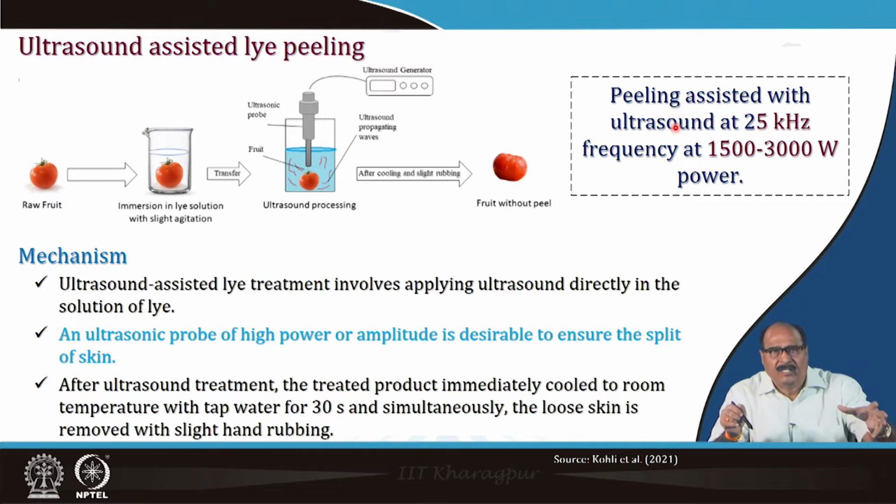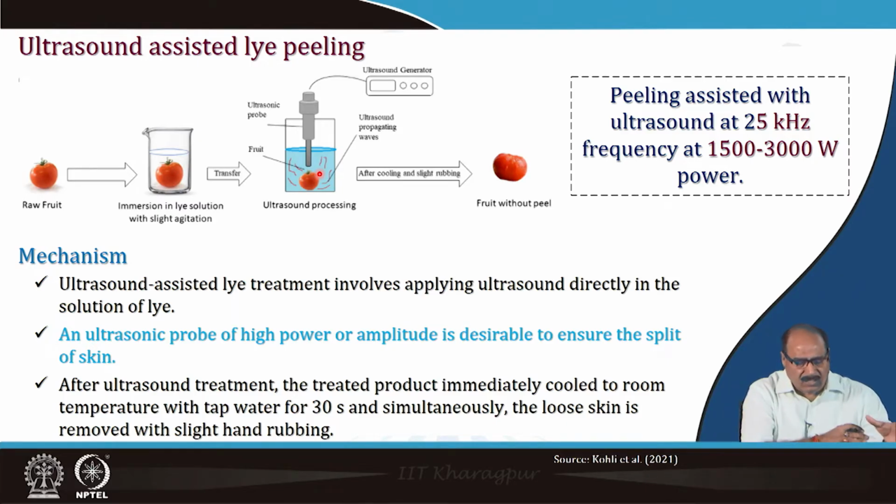Now the heat is replaced by an ultrasonic probe, which is inserted into the lye solution, and this ultrasonic probe with high power or amplitude is able to ensure the skin splits. The treated product is immediately cooled to room temperature with tap water for 30 seconds, and simultaneously the loose skin is removed with slight hand rubbing.